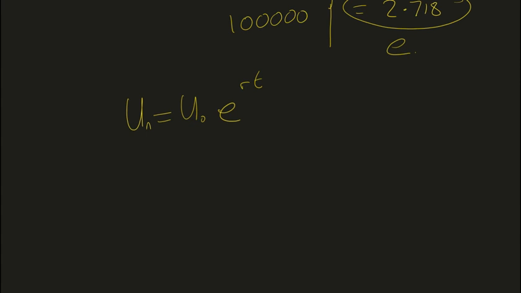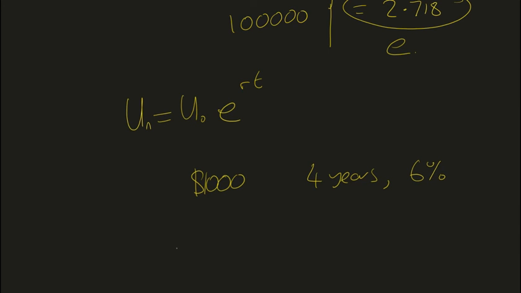Okay, this is it. So if we were increasing continuously, let's just say we had an initial investment of 1,000 and we invested it for 4 years, and let's keep that 6% there.